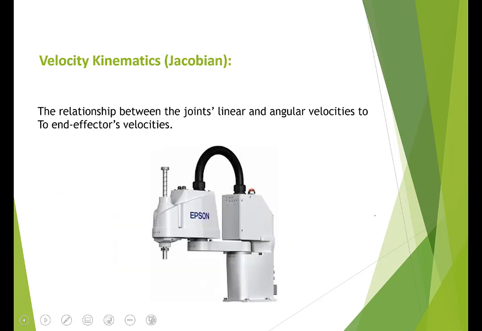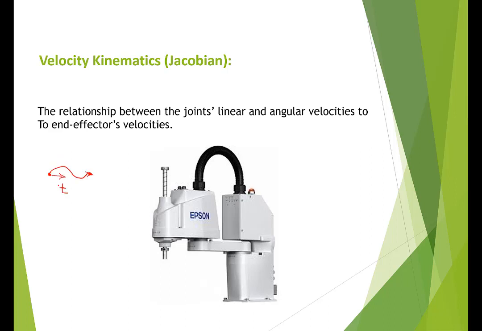The next topic we're going to talk about is velocity kinematics. Forward kinematics gives us the position as a function of motion of the robot joints, but robots usually don't jump between finite states. If it wants to go from this point to this point, it follows a trajectory throughout time.